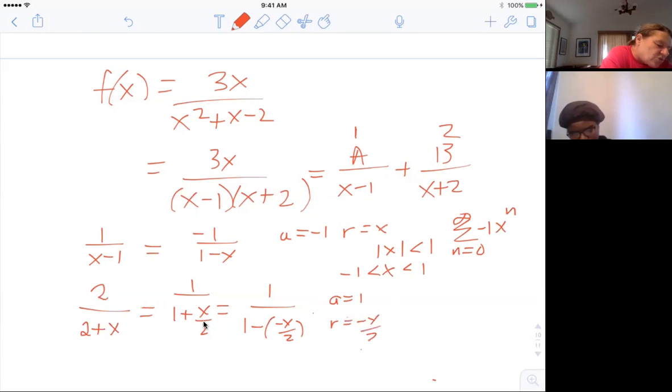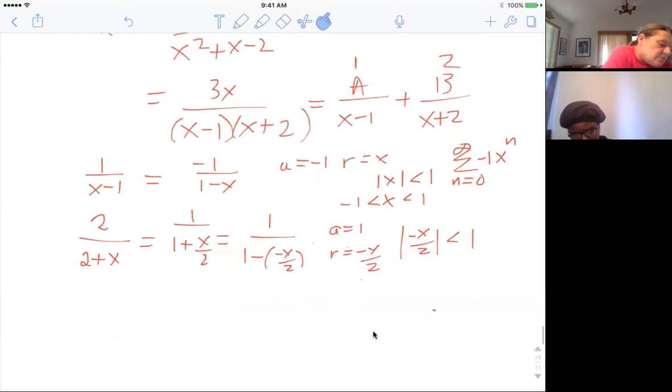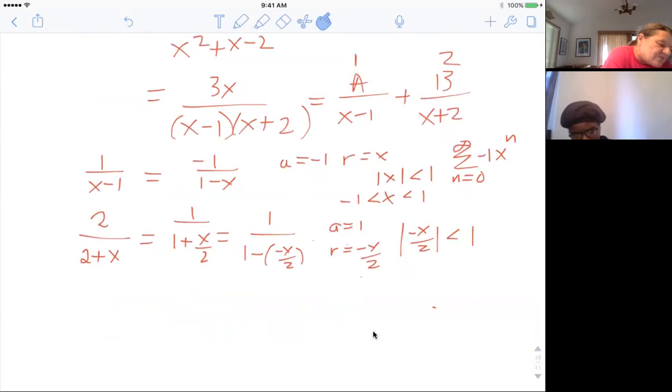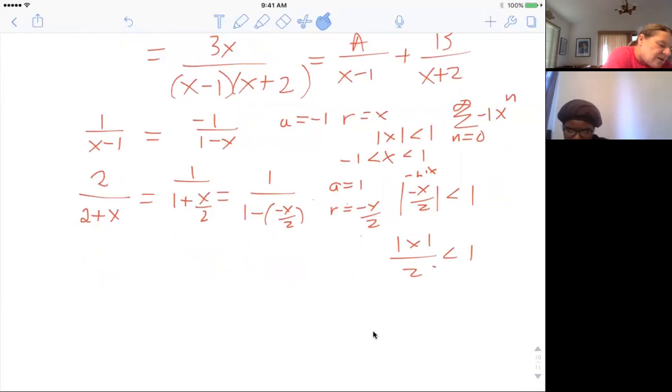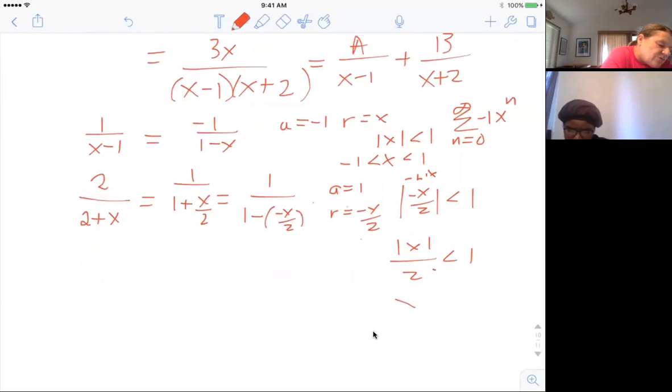That'll converge where the absolute value of minus x over 2 is less than 1. The minus is going to be positive here, so that's the absolute value of x over 2 less than 1. If I multiply through by 2, I get absolute value of x less than 2, which means x is between 2 and -2.